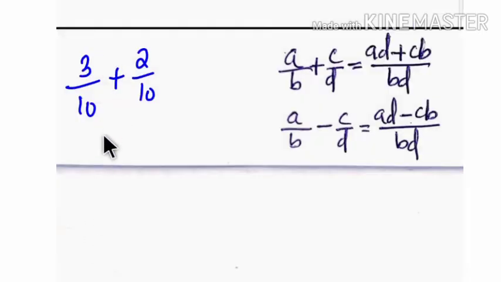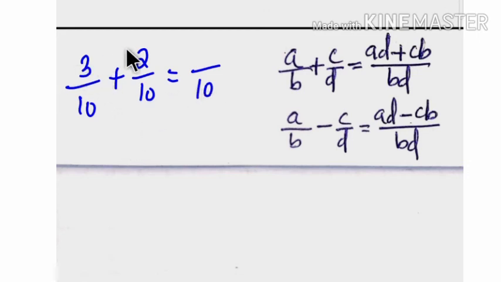It's very simple to add two fractions if the denominators are the same. In this example you can see both denominators are the same. So to add these fractions, we use the same denominator in the answer.